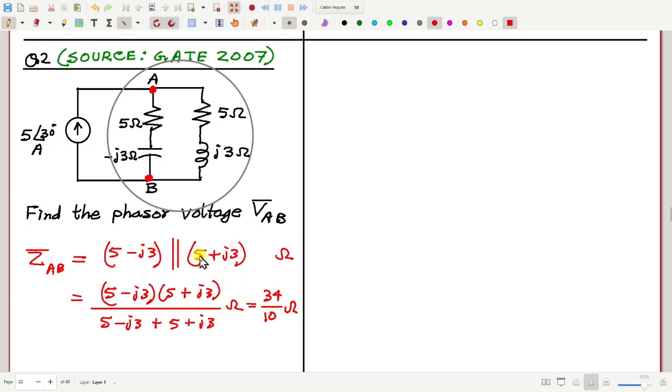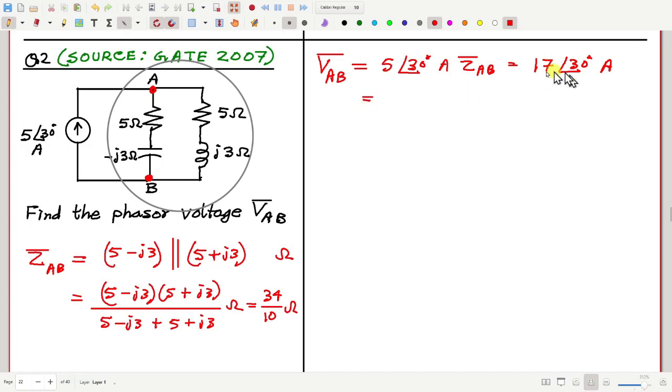Then how much is the voltage VAB? That will simply be the impedance into the current, yes, excellent. 5 angle 30 degree ampere, this current multiplied by ZAB, which will be 17 angle 30 degree volt.